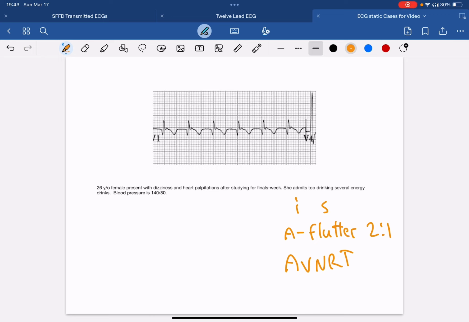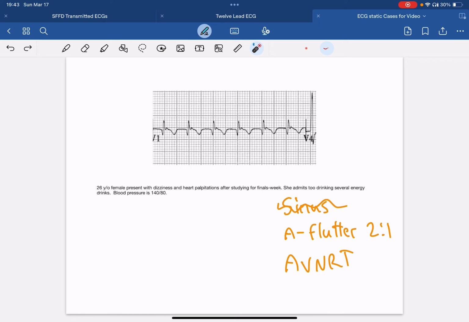Next on our differential is going to be atrial flutter with 2-to-1 conduction. Now this is an instance where it could get a little tricky as far as determining whether it is in fact a flutter with 2-to-1 conduction or AVNRT. And this is why. With a flutter with 2-to-1 conduction, usually the atria are beating between 250 and 300 times a minute, and that then produces a rate that sits pretty regularly at 150 beats per minute.